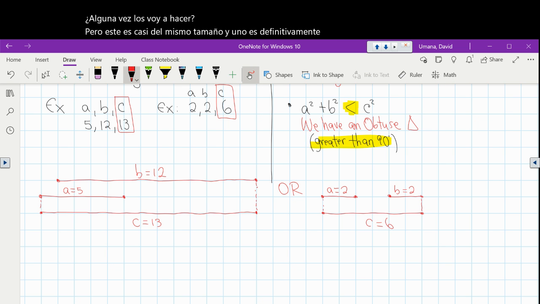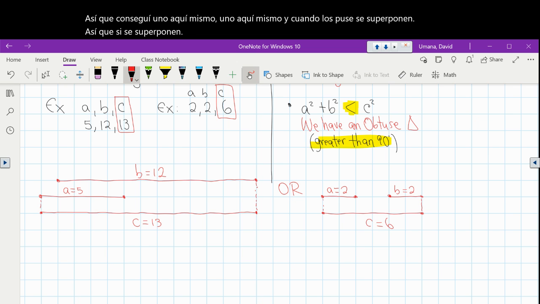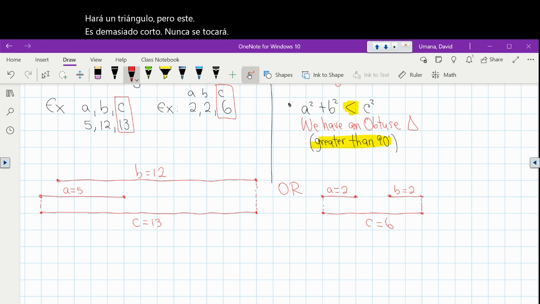So I got one right here, and when I put them, they overlap, right? So if they overlap, can I move them to make a triangle? So this will make a triangle, but this one is too short. It will never touch. So even if I put them on the corners, I'm not going to bend this. I can't. So I can't make a triangle.